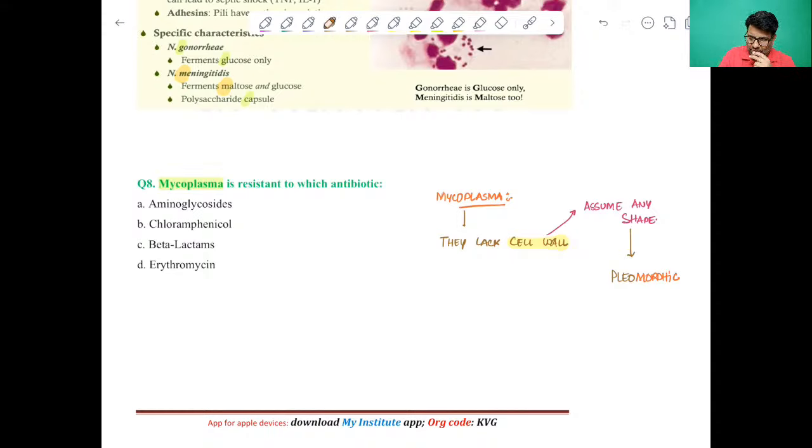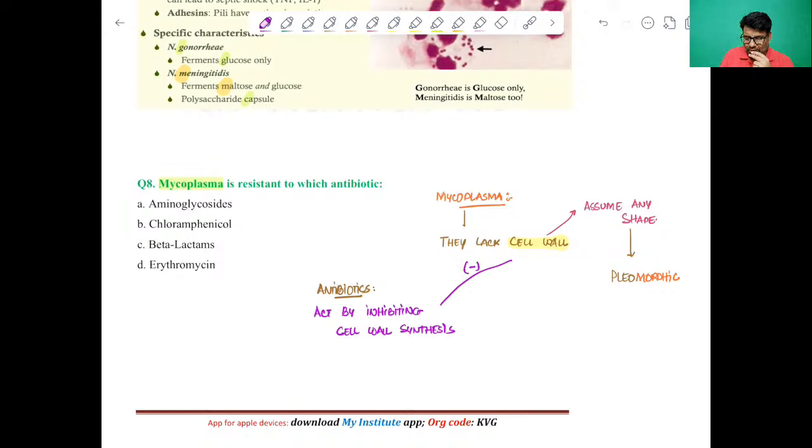And yes, as rightly said by Dr. Kanaya, since they don't have a cell wall, so the antibiotics which act by inhibiting cell wall synthesis will be ineffective because their target structure is not there in the bacterium.